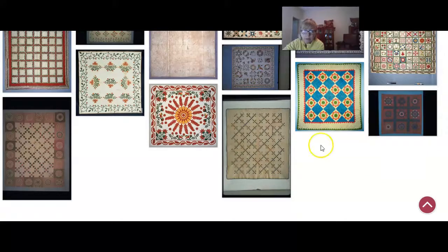And I'm not going to go into that very much because I don't know much about it, but I want to. And so the star quilts are not just decorative and they're not just useful.